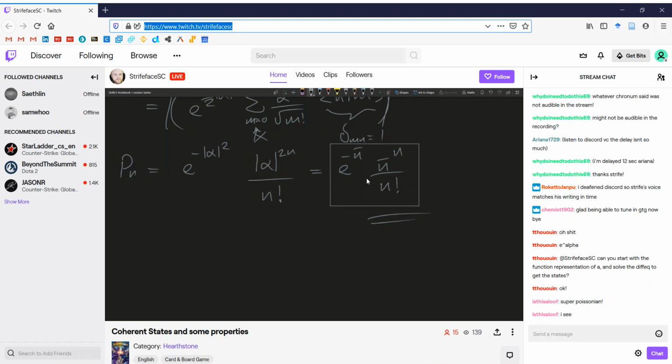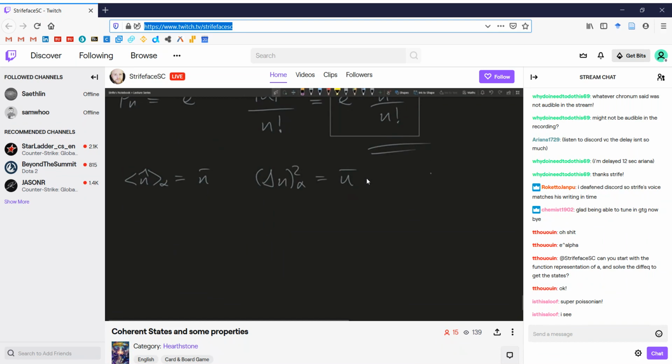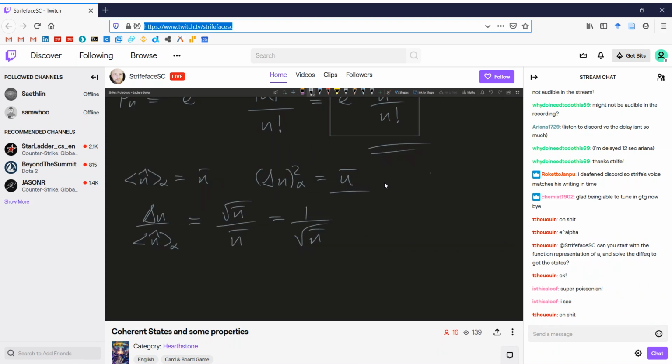Now, if we look at the relative fluctuation, we take the standard deviation, square this, over N bar. So what this says is that the relative fluctuation decreases with the mean photon number.